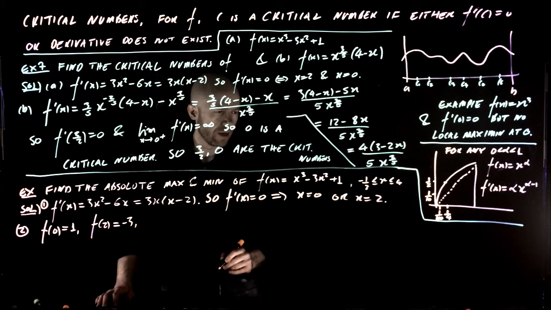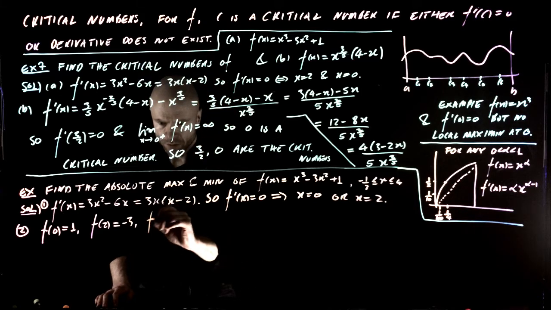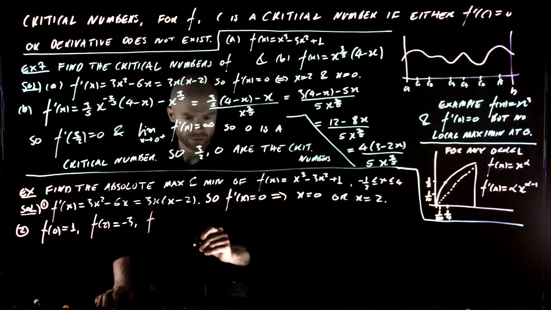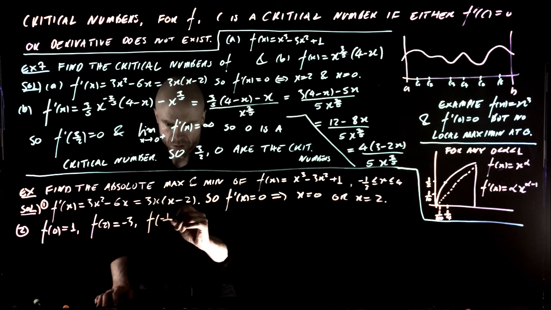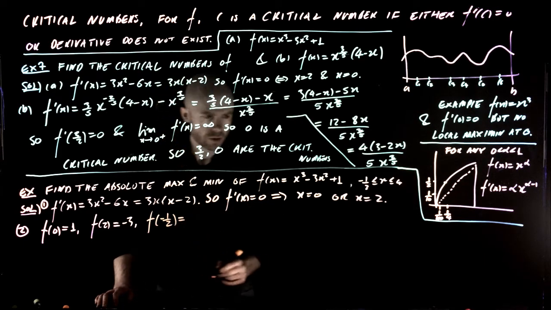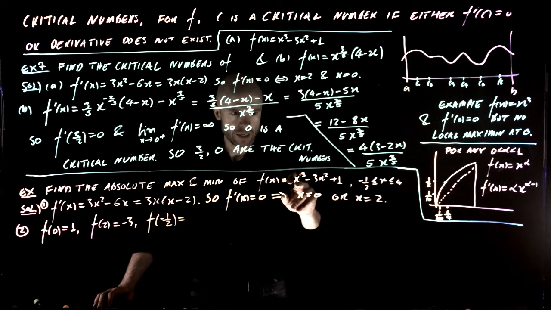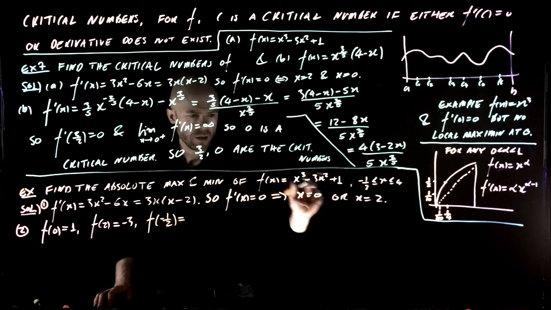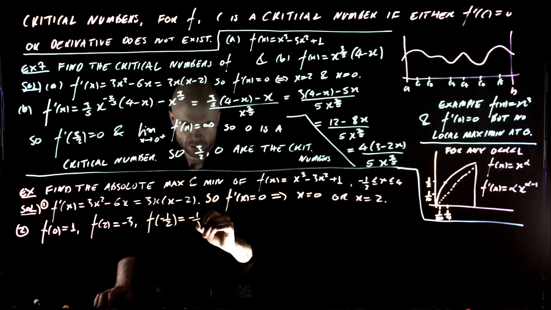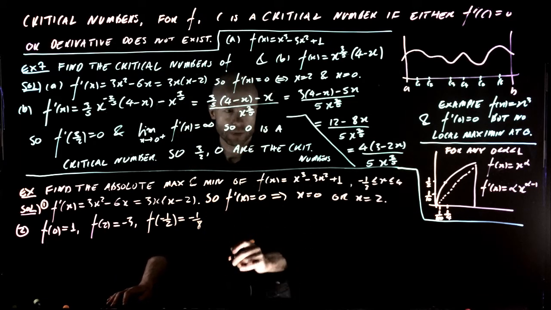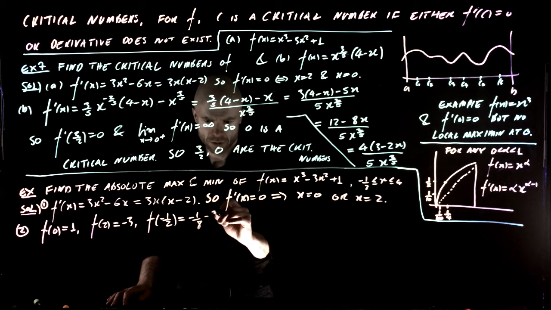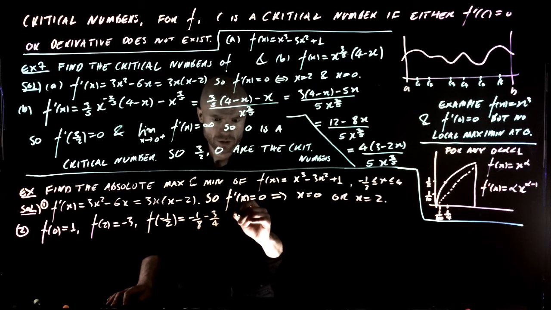And what about the endpoints? F of minus 1 over 2. What do we have? We're going to have minus 1 over 8 here, and then here we're going to get minus 3 over 4, and then here we're going to have plus 1.